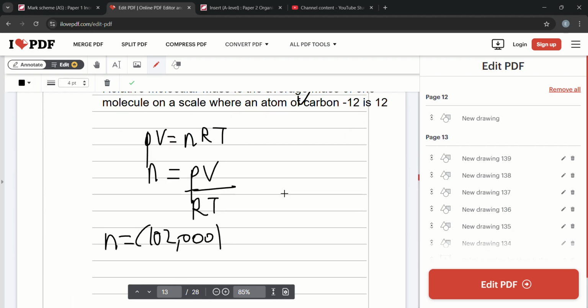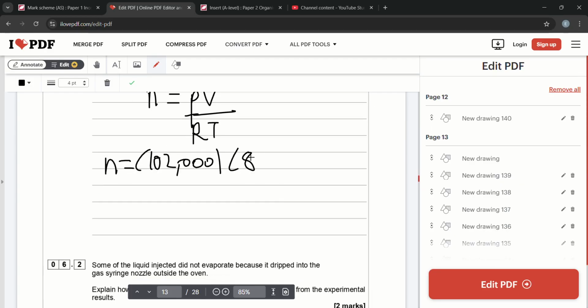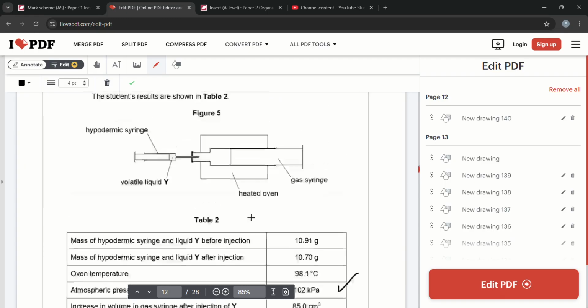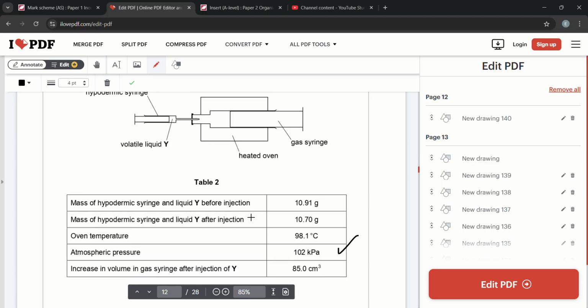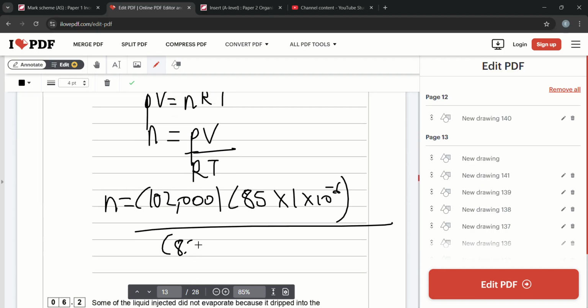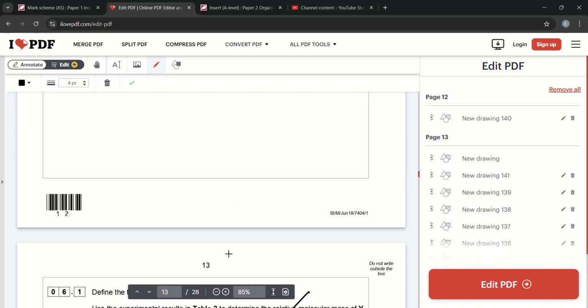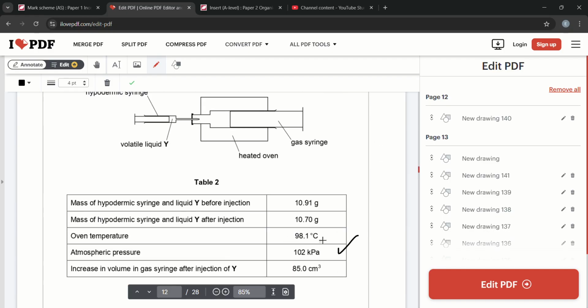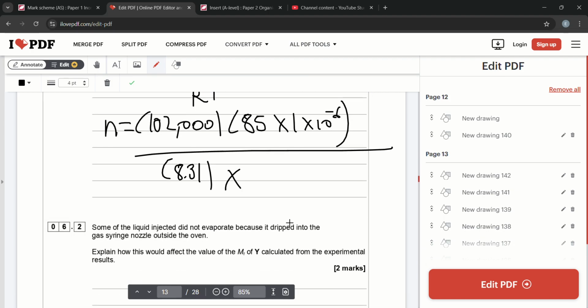Volume is 85 centimeters cubed. We don't want it in that, so we need to multiply by 1 times 10 to the power minus 6, to get meters cubed. Then we want R, which is 8.31, times the temperature, which is 98.1 degrees Celsius, but we need it in Kelvin, so we add 273.